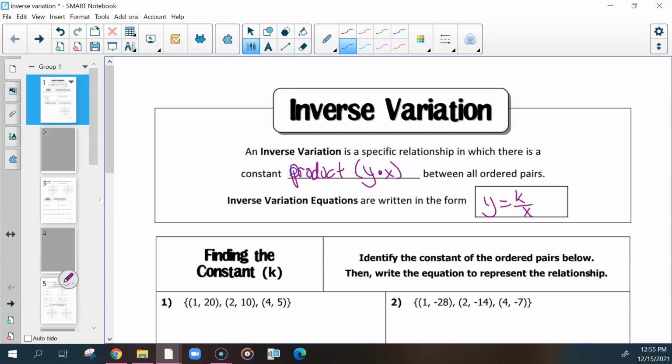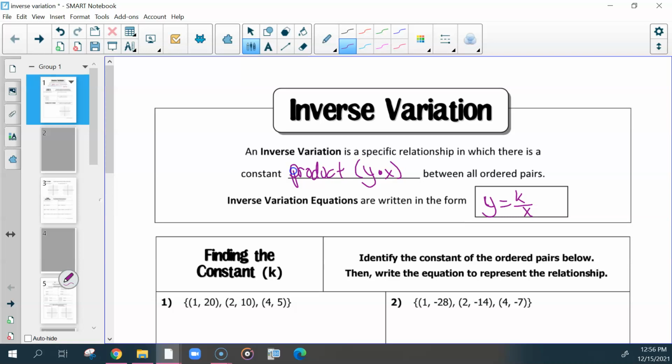Just as with direct variation, the ratio we got didn't come out of thin air, we got that from the equation. So if we're trying to solve for the constant of proportionality, the k, in our equation, we would solve for k by cross-multiplying.